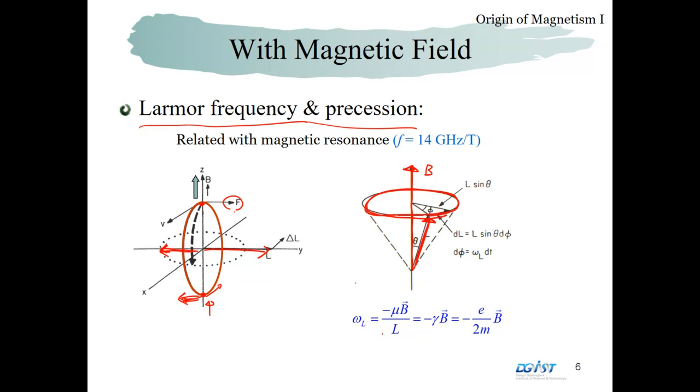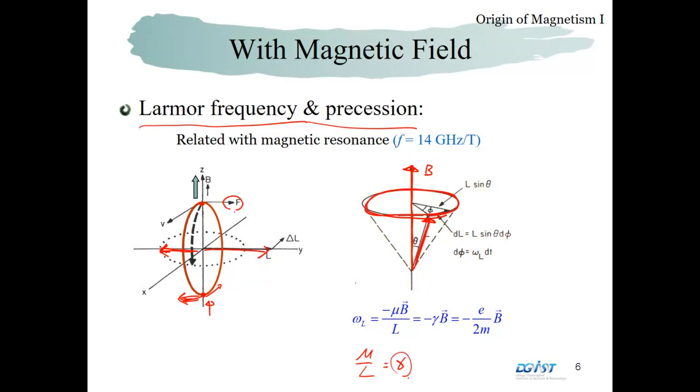And in that case, the frequency of this motion is given by this relation. Here L is the angular momentum, so we have this relation.